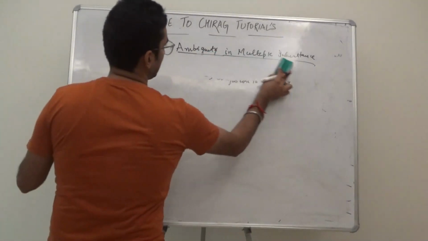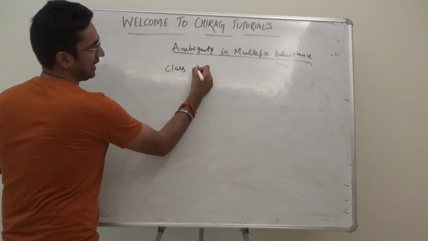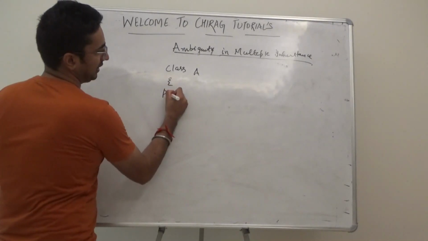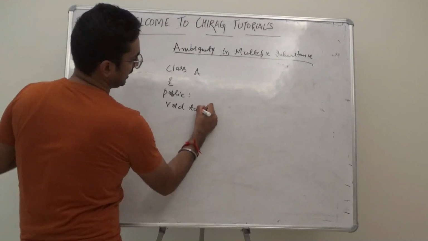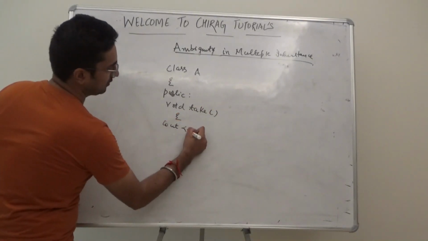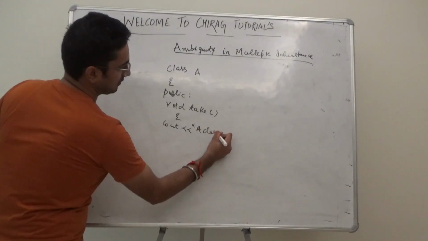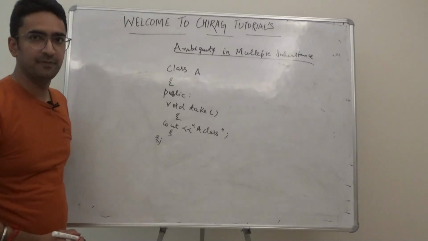So let's just take one example and I write class A and in public section I write void take and I just write cout A class. That is what I wanted to display. This is done.